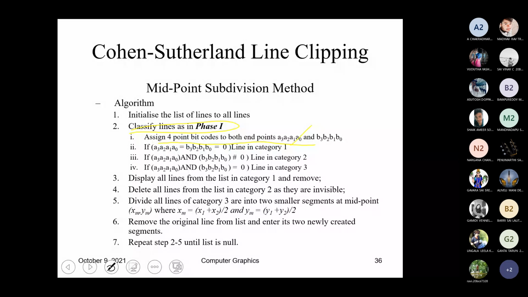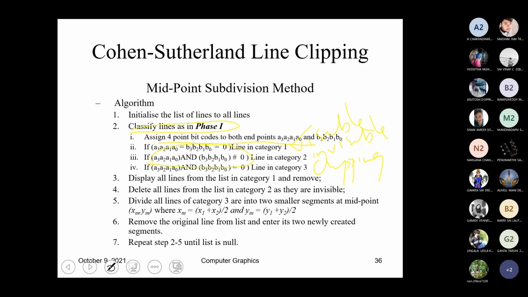The second one, you will be performing an AND operation between the lines. So this is the visible region, this is for visible, this is for invisible. Clear? This is for the clipping category, so remember that.